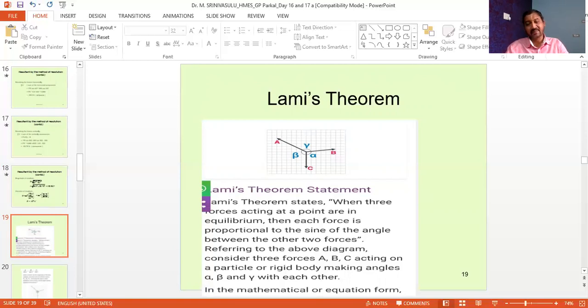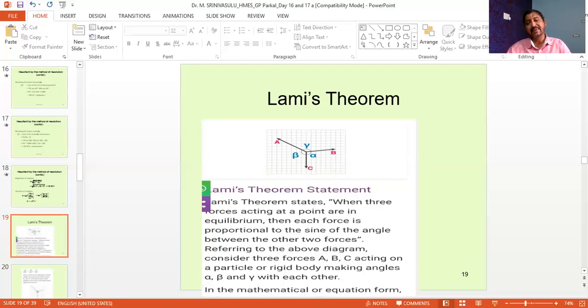If two forces are acting, then by making use of the parallelogram law of forces, we can find the resultant. And if more than two forces are acting, that may be three or more, in that case by using the method of resolution, we will find the resultant force.